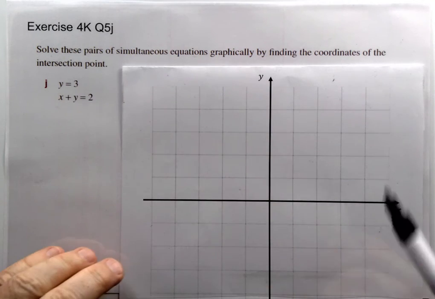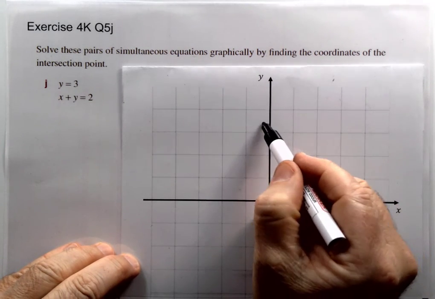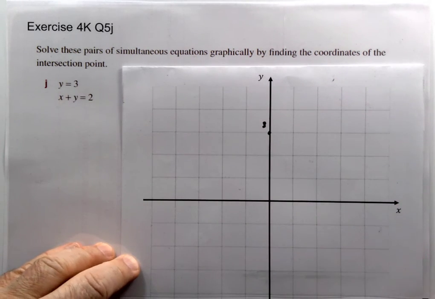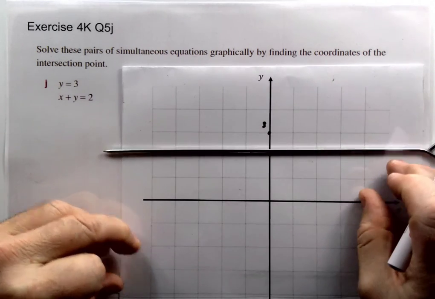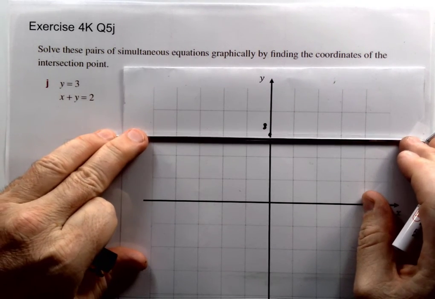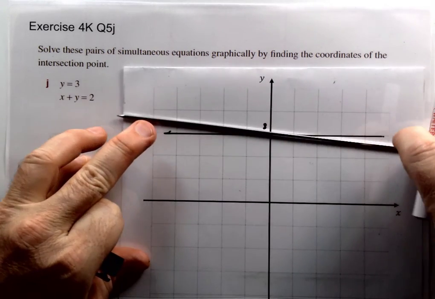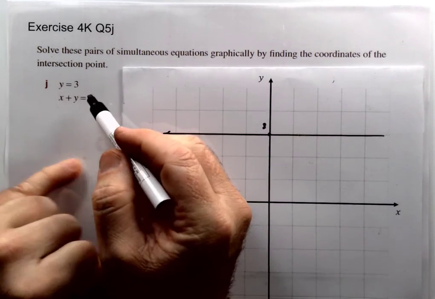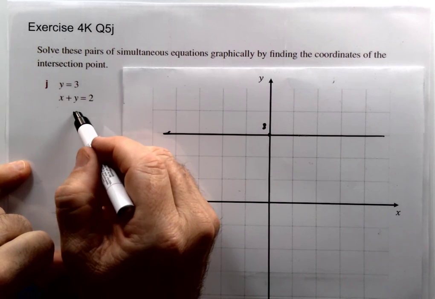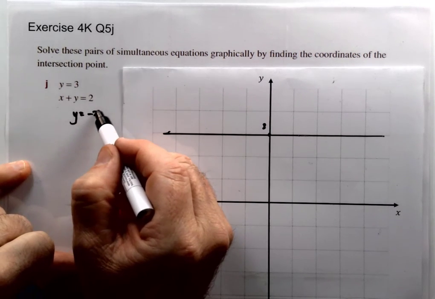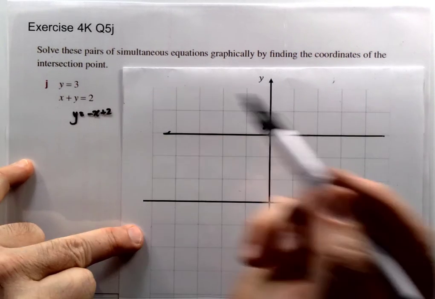Okay, so we've got y equals 3, which is simply going to be that horizontal line through 3. And then we've got x plus y equals 2. Again, if we like, we can rearrange that to make that y equals minus x plus 2.